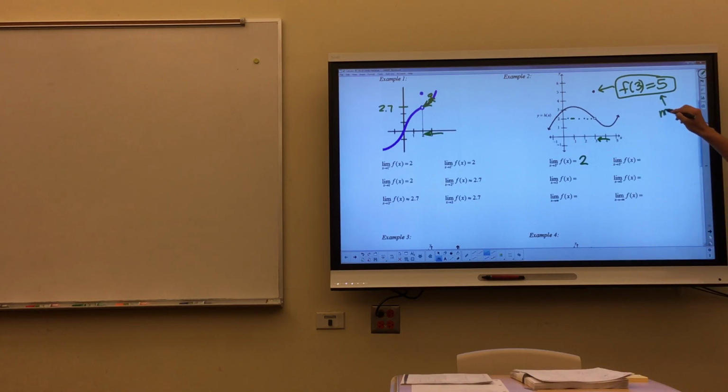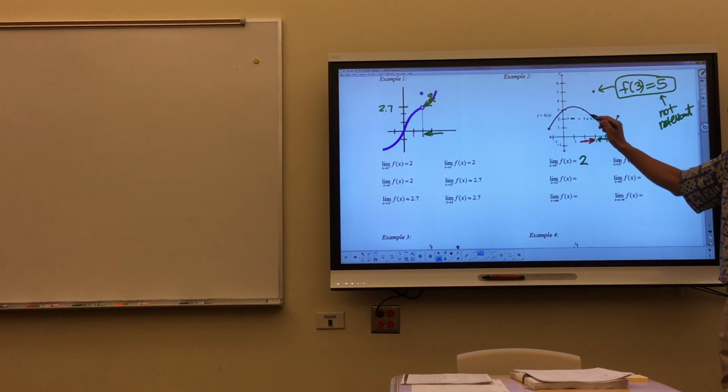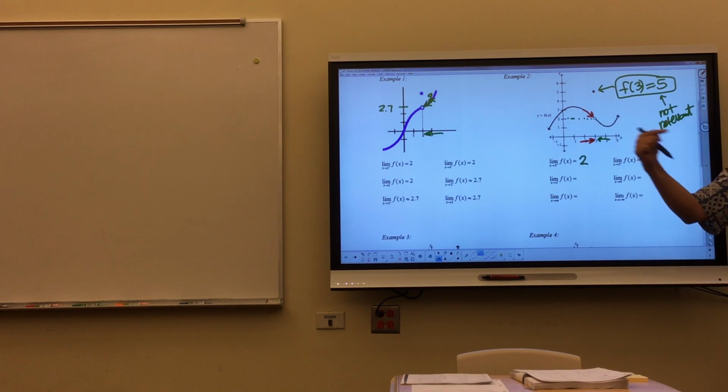This is not relevant to finding the limit. So whether this point is up there or it's not up there, or even if that point is filling in that hole, the limit is not affected. Alright, what about as x approaches 3 from the left? What y value are we approaching? 2. So approaching 3 from the left and right at the same time? 2.